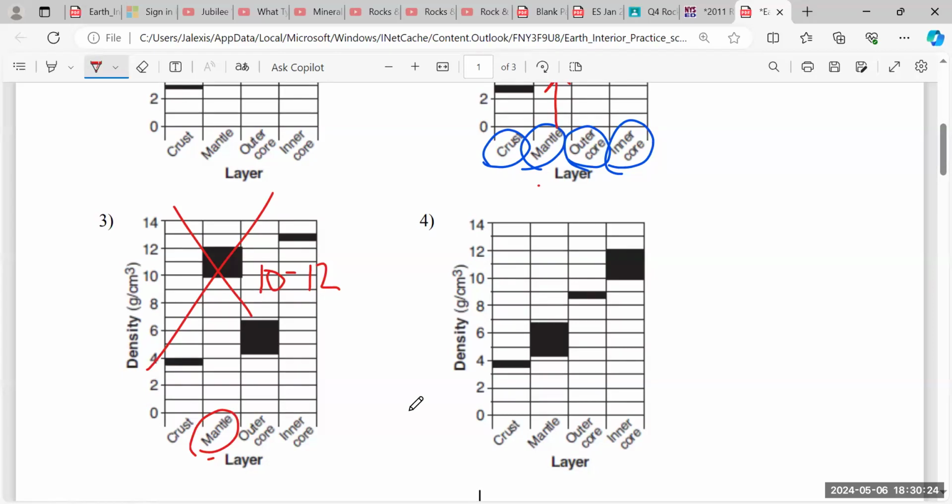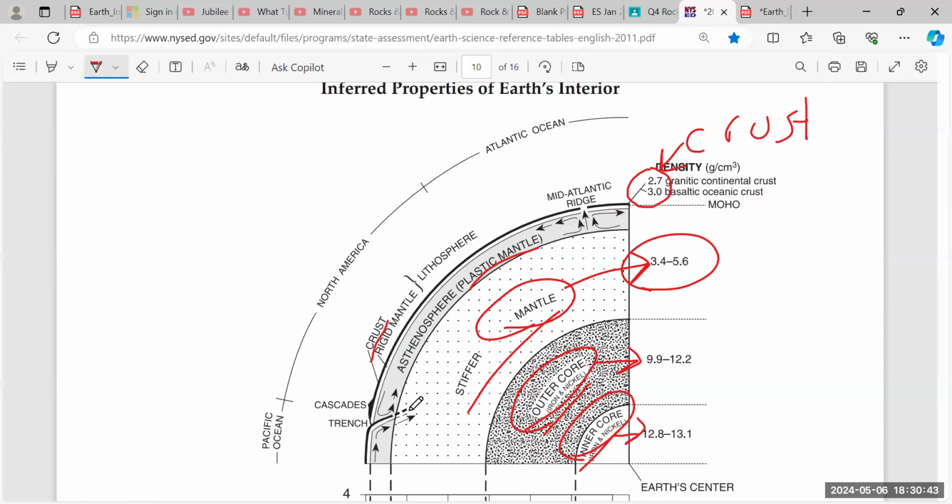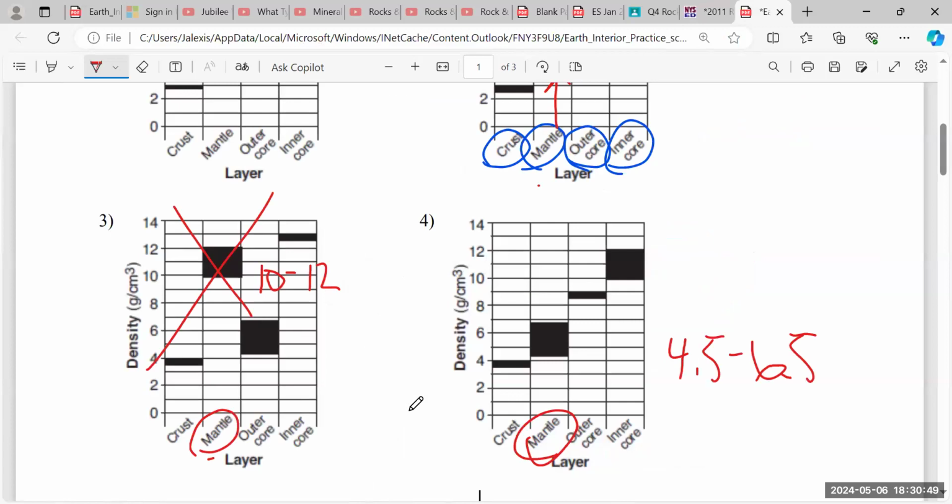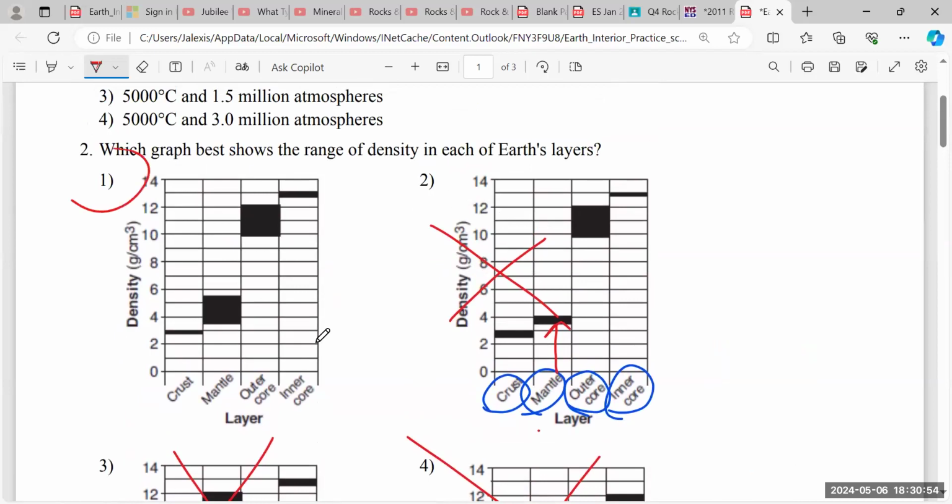The bar that's shaded in here looks to be about 4.5 to somewhere around 6.5, but we know the mantle is supposed to be 3.4 to 5.6. So 4 definitely cannot be. That's why the correct answer is choice 1. If you match up all your numbers with the correct density layers, you would see that it is correct.